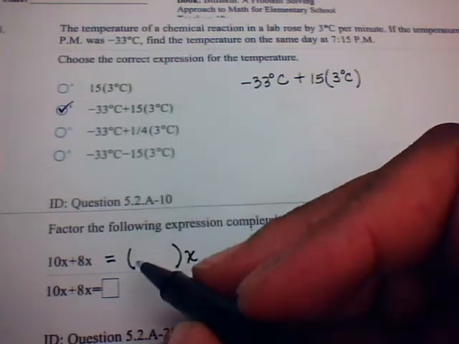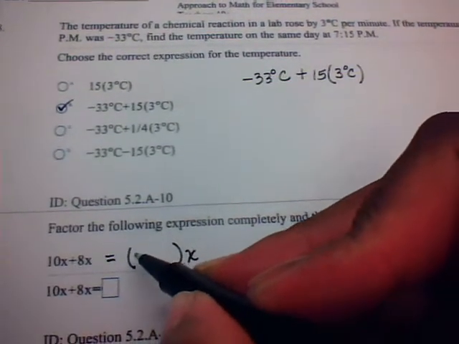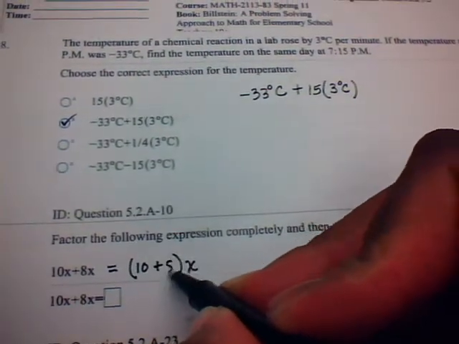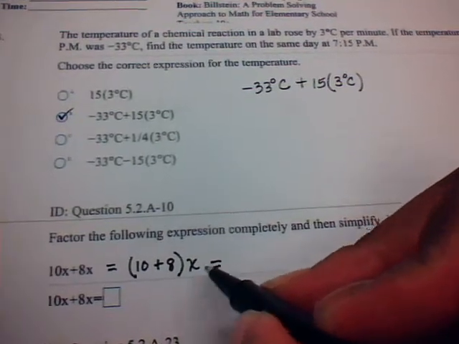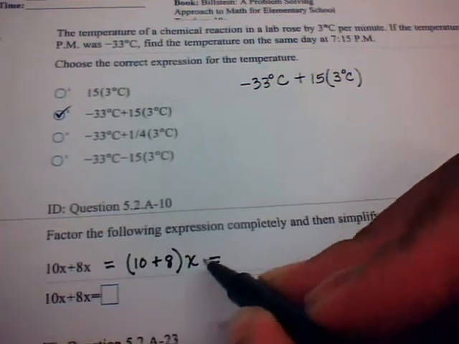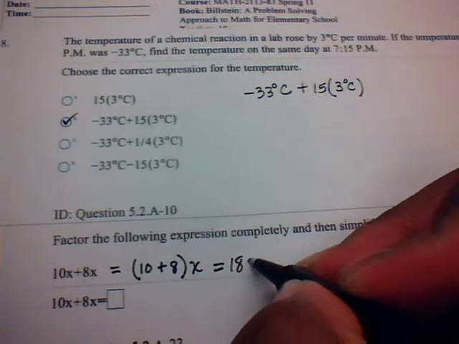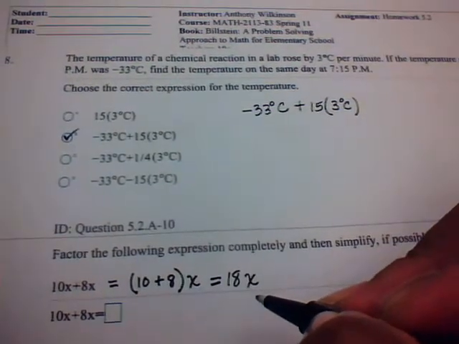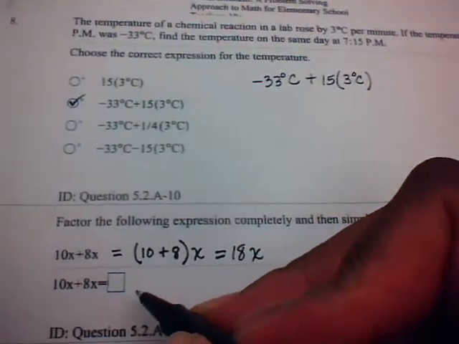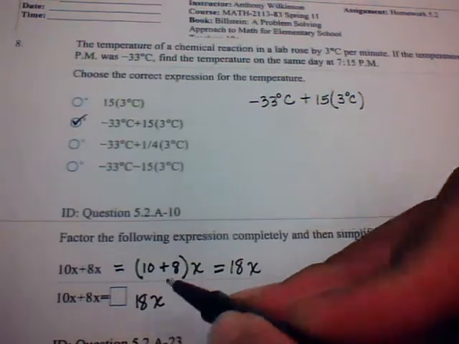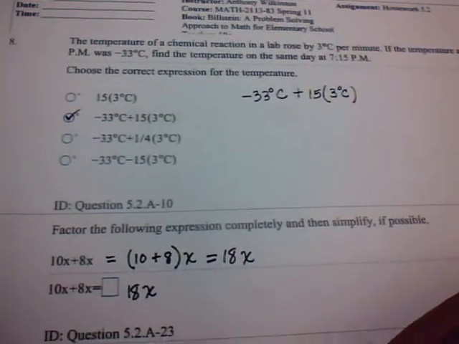And what's going to be left in the parentheses are those two numbers, 10 plus 8. And then we can add 10 and 8 together to get 18x. So here 10x plus 8x would simply be 18x.